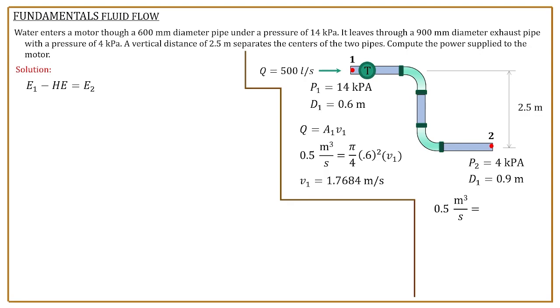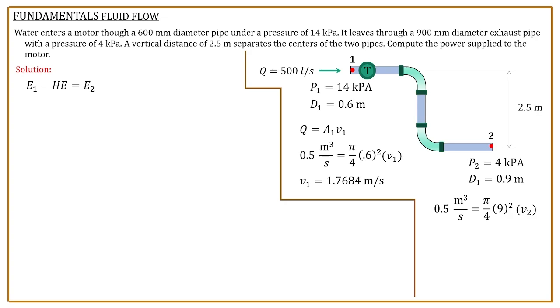So, that is 0.5 cubic meter per second equal to pi over 4 times 0.9 squared times V2. Again, that is 0.9 squared. Kindly get our V2.